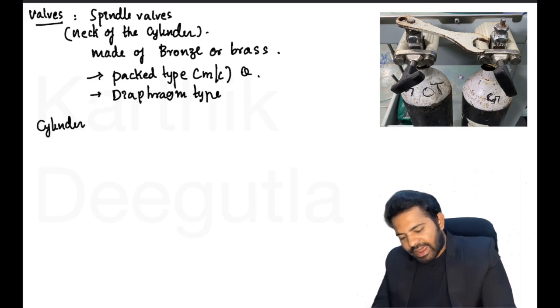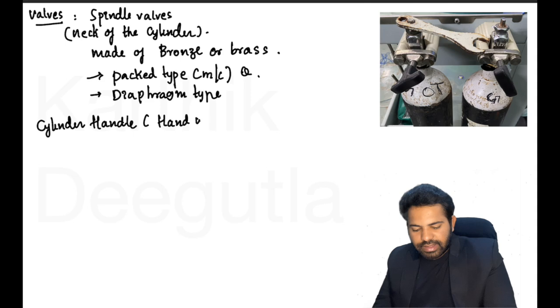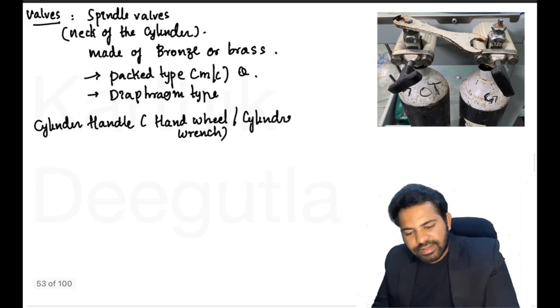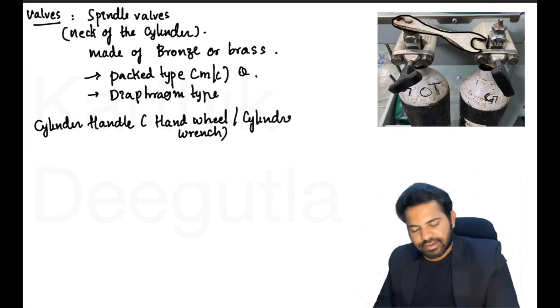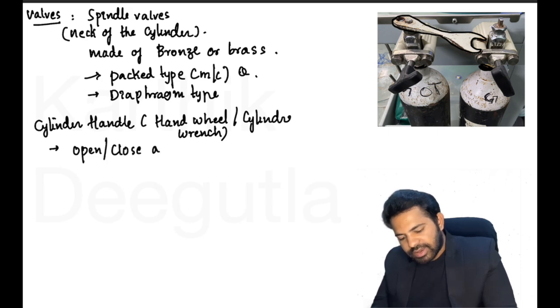Then we have the cylinder handle. The handle is also known as hand wheel, or it is also known as cylinder wrench. In this picture you can see the hand wheel. It is used to open or close a cylinder valve.